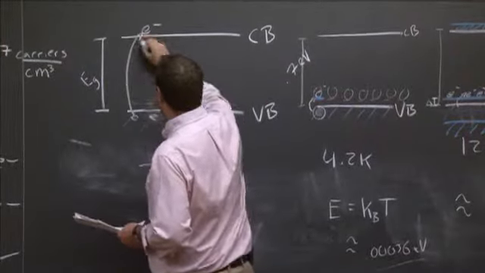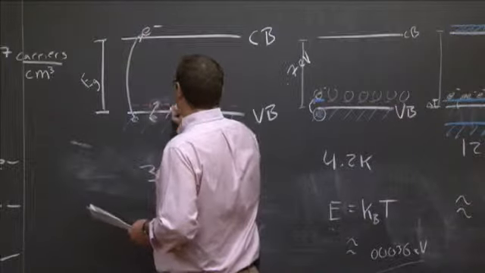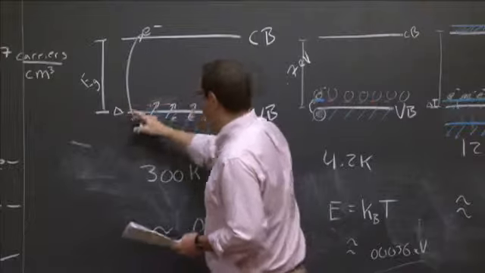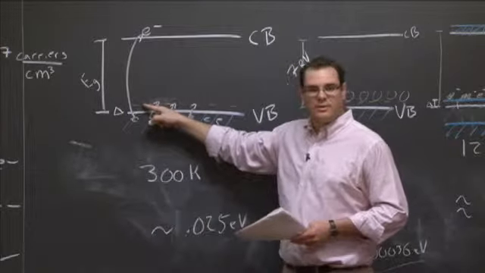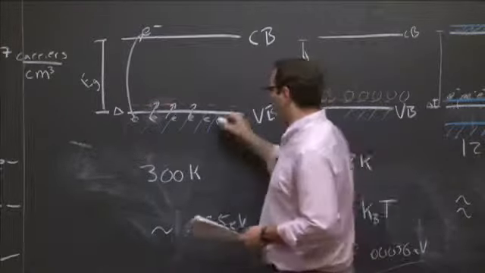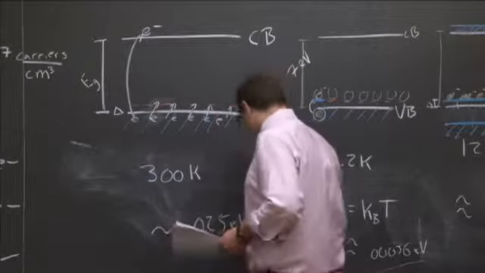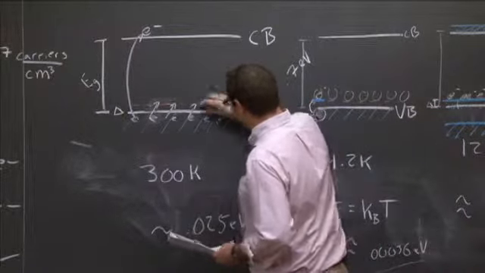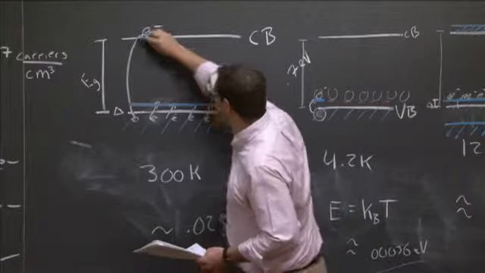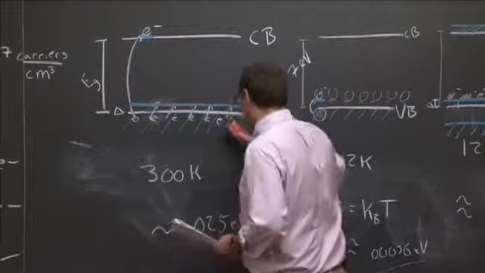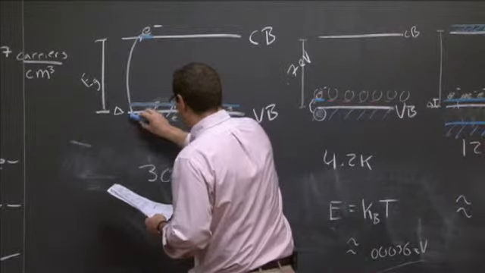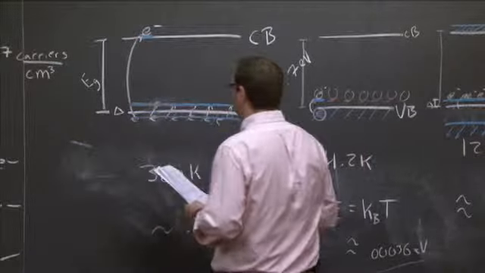Maybe one goes up there. And it's still much bigger than the delta here between the acceptor level and the valence band top. So these electrons will still pretty easily make their way into the acceptor level. And I'll put a little bit here. And we're going to lose electrons very slightly.